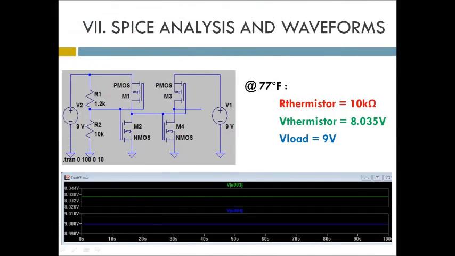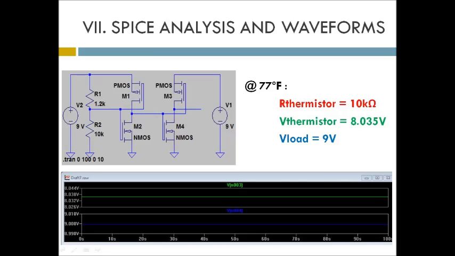At 77 degrees Fahrenheit, as you can see from the circuit diagram, the resistance of the thermistor is 10 kilo ohms, and the computed voltage across the thermistor, which is also the input for the first inverter, is 8.035 volts.